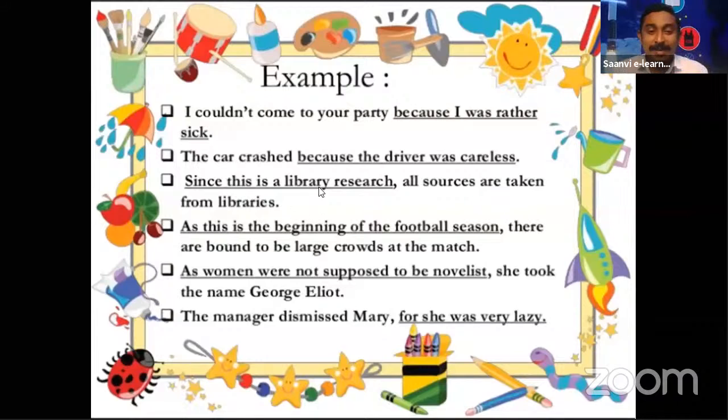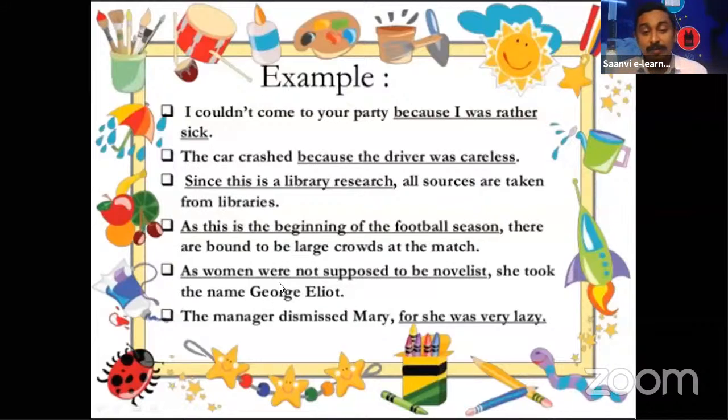Since this is a library research, all sources are taken from library. Reason for taking all the resources from libraries, it is a library research. As this is the beginning of the football season, there are bound to be large crowds at the match. Why will there be large crowds? Because it is the beginning of the football season.